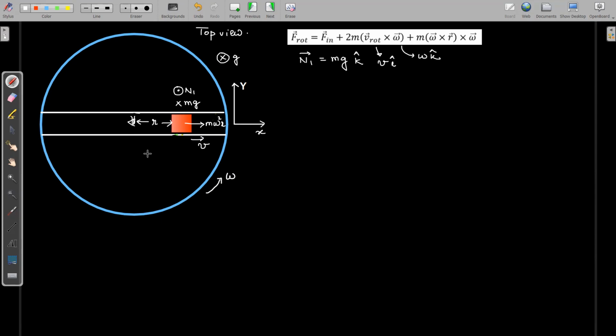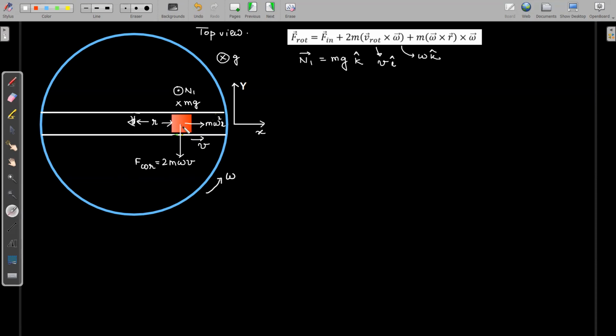I cap cross k cap will be negative j cap. So this force will be acting in the negative y direction, the value of which we can write as 2m omega v, because the angle between the omega vector and the v vector is 90 degrees. This force is also called the Coriolis force.